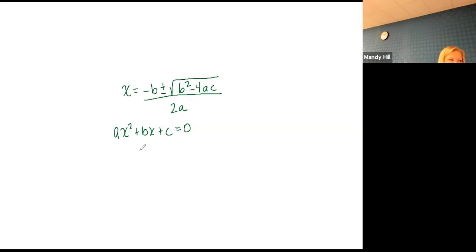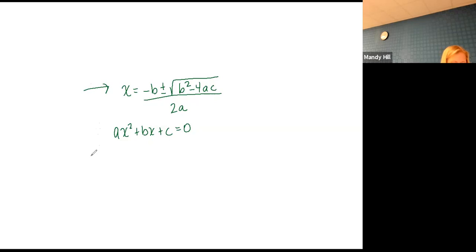And what that means is there is something that will work, except for it's a decimal and we're not able to think of that in our head and come up with the perfect thing. So when that happens, there's this nice little formula we can use to figure out how to find the answers.